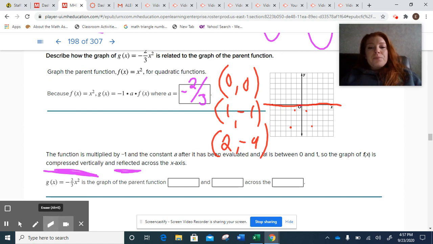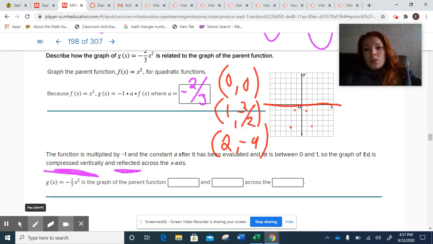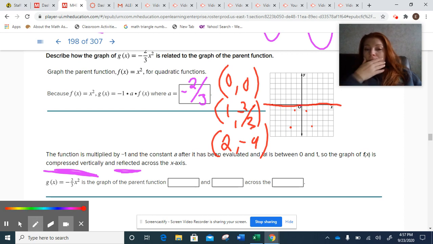So here we go. I'm going to swap out the 1. If I multiply 1 times 2/3, I get 2/3. And then if I do 4 times 2/3, it's not a nice number, but we can go ahead and write it.